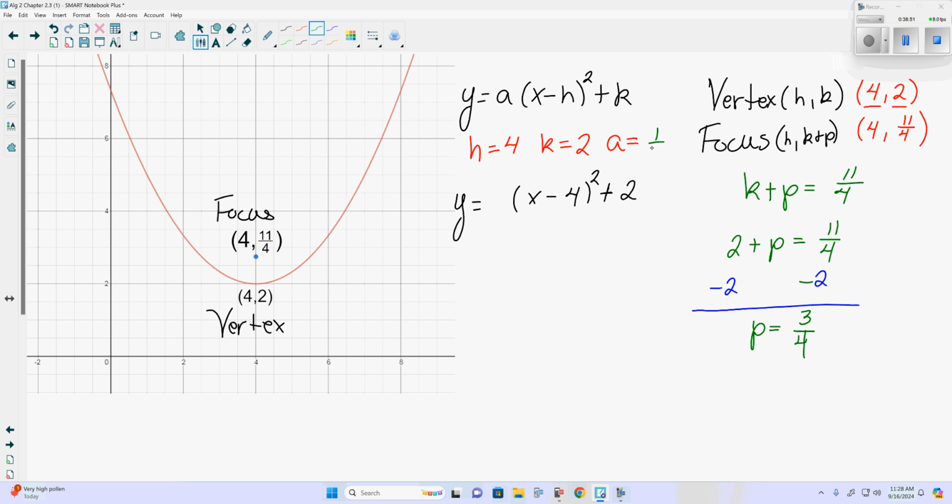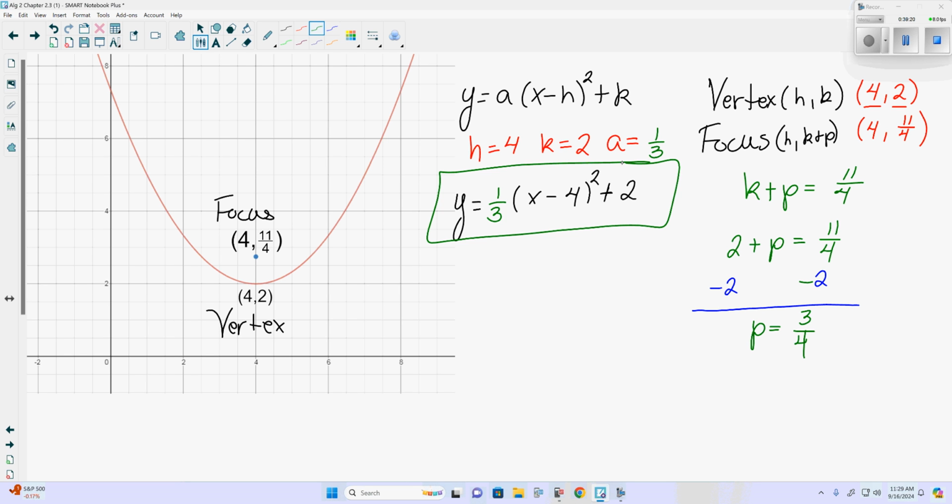So a is 1/3. The way we used to do it before this, a equals 1 over 4p, p equals 1 over 4a, we would literally type it in. Y equals 1 over 4 times our 3/4, and then simplify down. I think this is a little bit nicer. We just find those three values, plug them in.